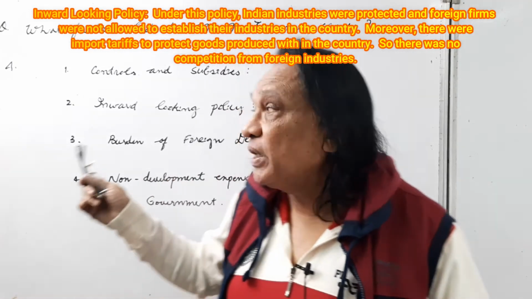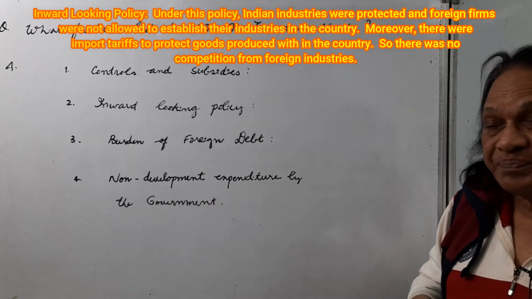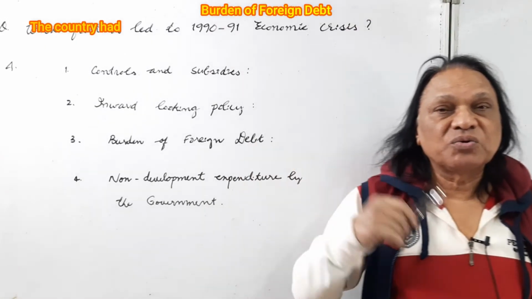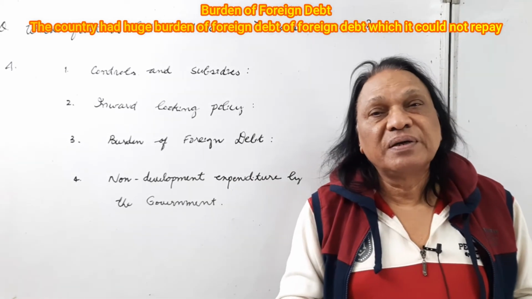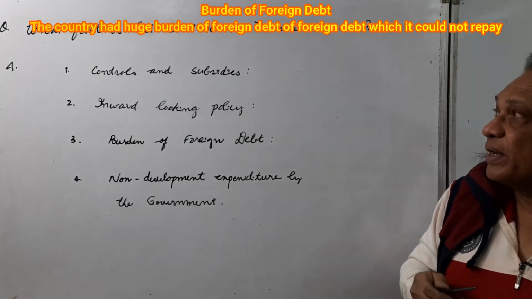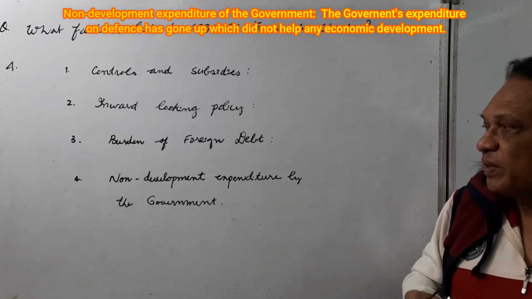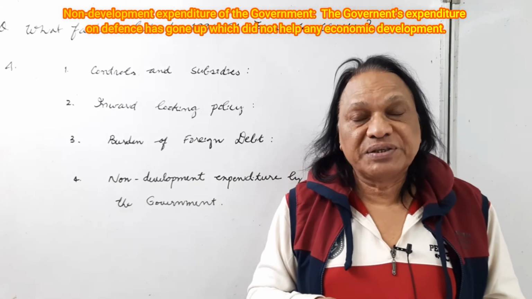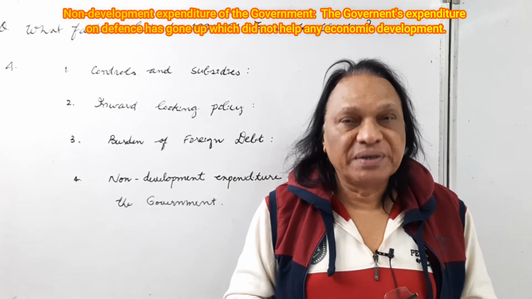That was inward-looking policy. Third, the burden of foreign debt. As I told you already, we borrowed so much money from other countries that the country was not able to repay it. So that led to the economic crisis. And the last one, non-development expenditure by the government. The government was spending huge money on defense, law and order, so it led to a big burden.